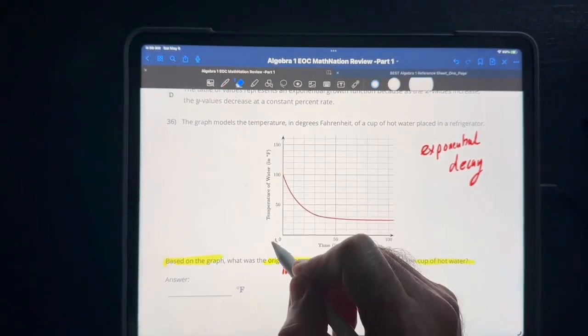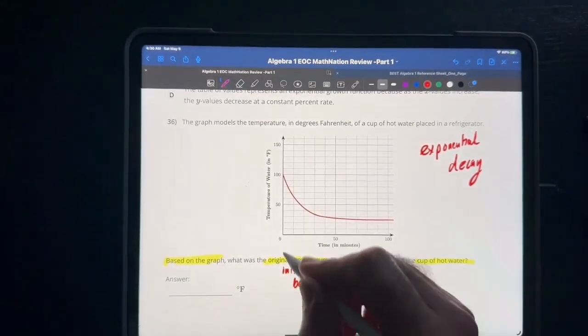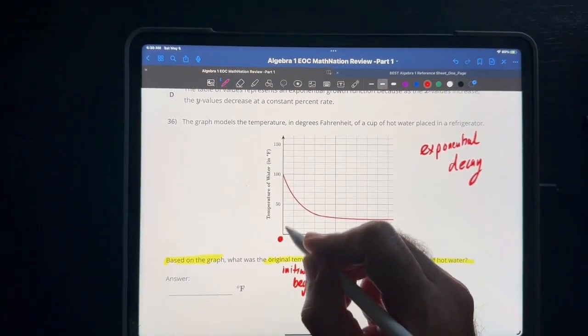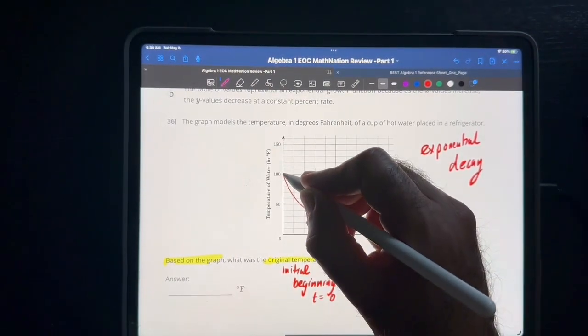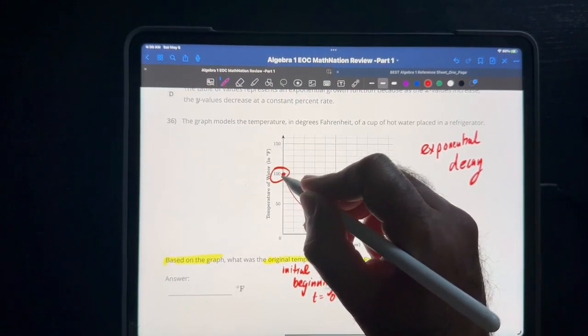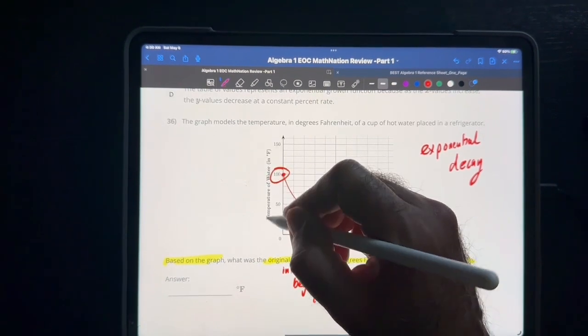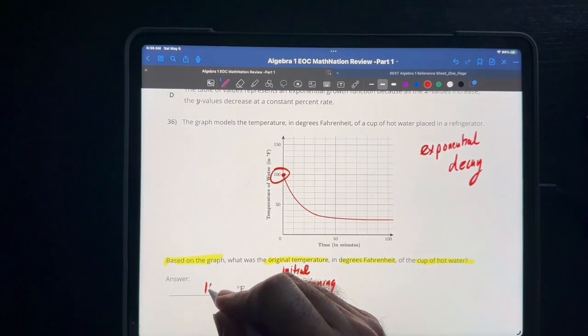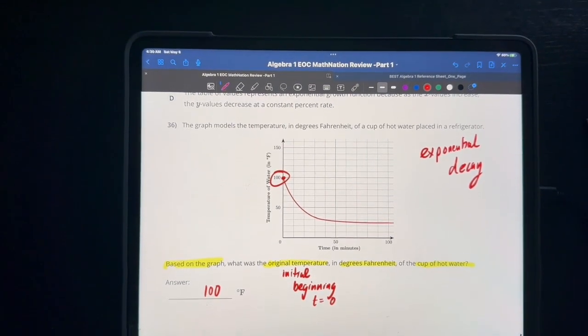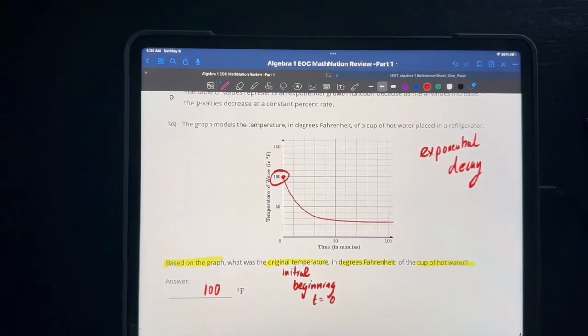I haven't started whatever I'm doing yet. So when time is equal to 0, look in your graph here, boom, right here: the temperature of the water in Fahrenheit is 100. That's it. Easy question, guys, using your two eyeballs and checking it out.